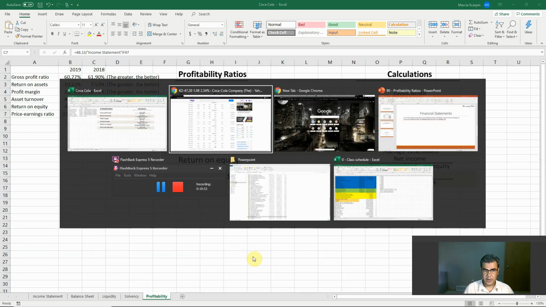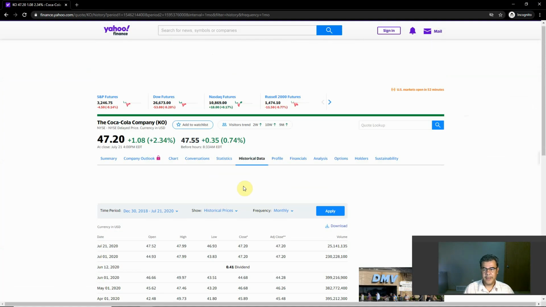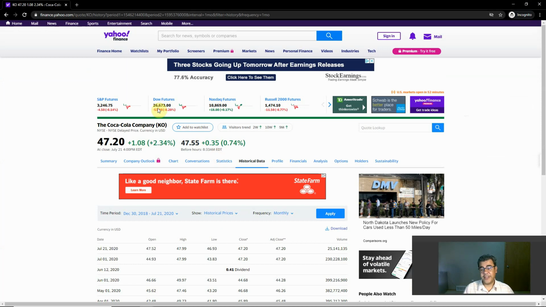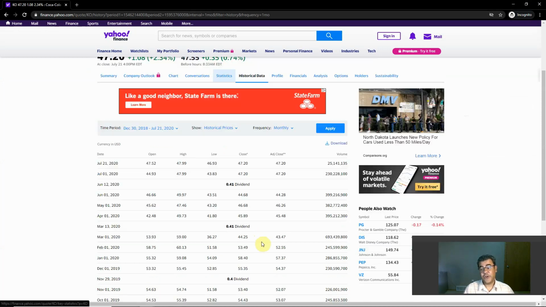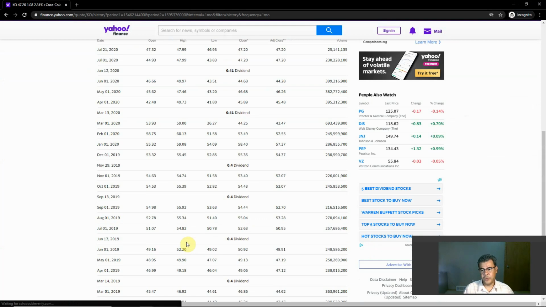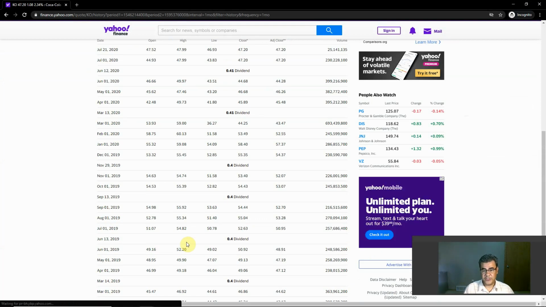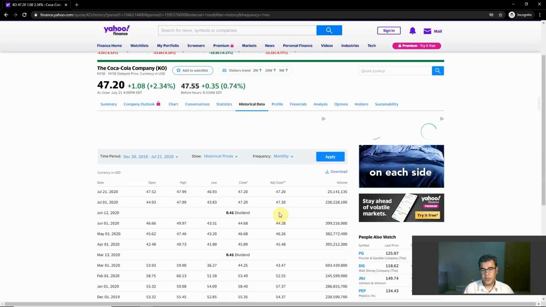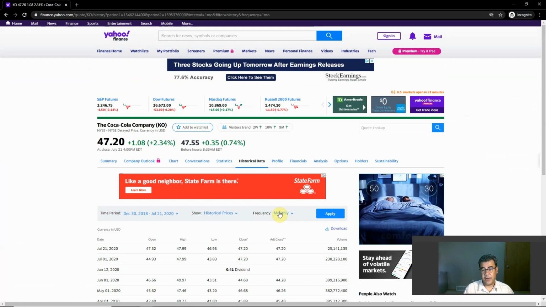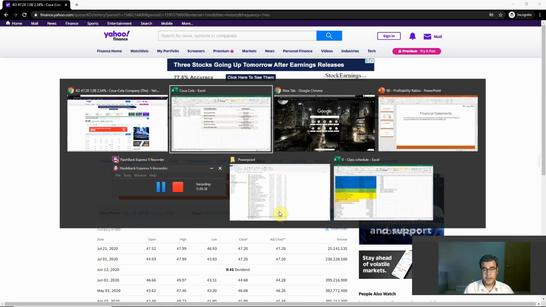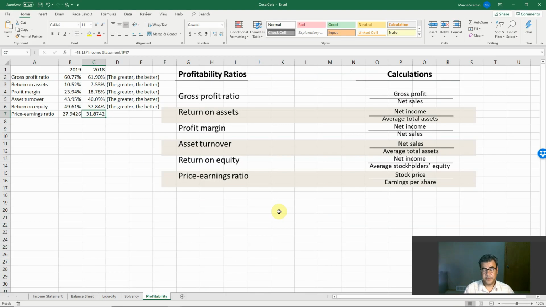And by the way, it's a free ad now. Yahoo Finance is one of the best ways to find the stock prices for free. Okay, if you don't have any financial database such as Bloomberg, Thomson Reuters, Compustat, and so on, Yahoo Finance is a very good source of free stock market data.